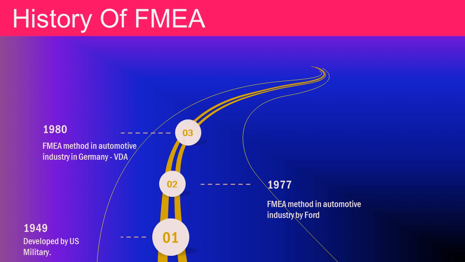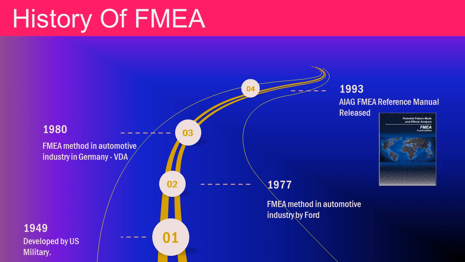In the year 1980, the German Association VDA developed FMEA for the industries in Germany, and in the year 1986, VDA Volume 4 was released. In the year 1993, the first AIAG FMEA reference manual was released. In the year 2015, the need was recognized to harmonize the AIAG and VDA FMEA manuals.